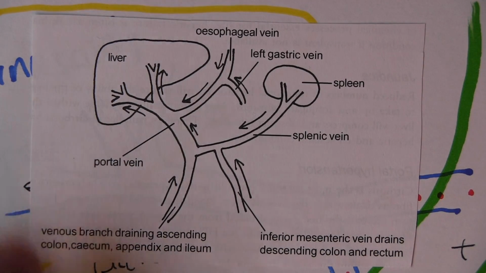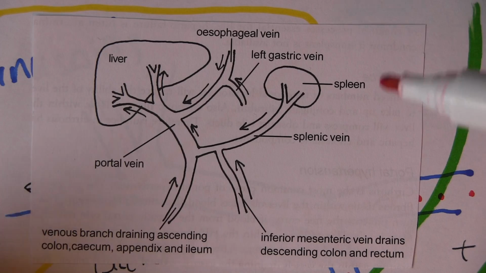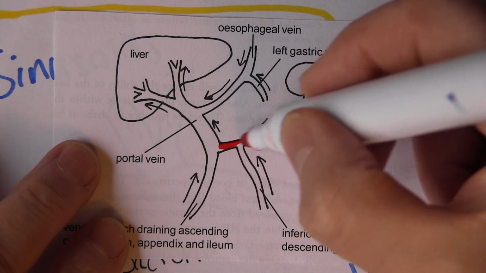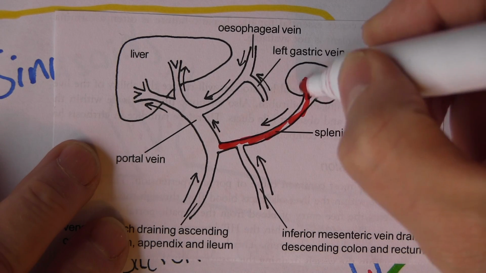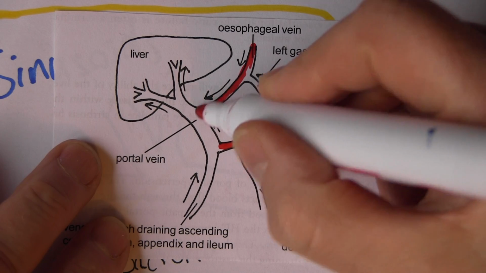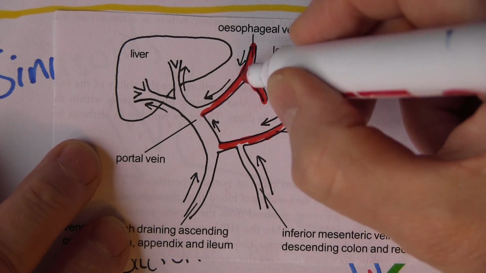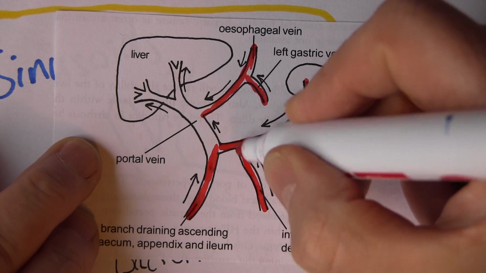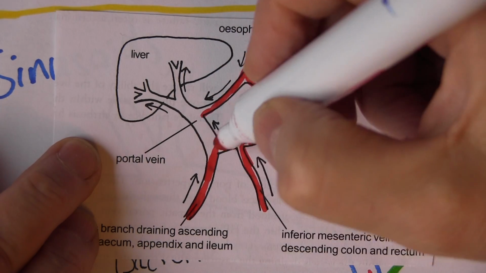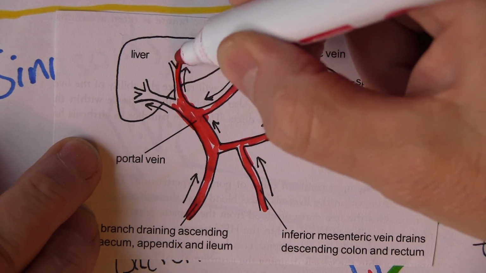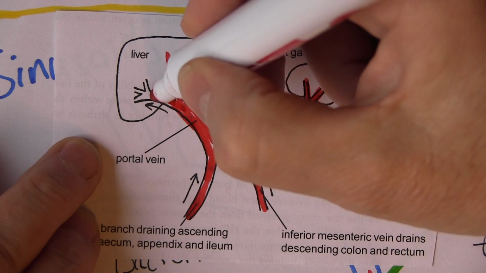So what we have here is we notice that the drainage from the spleen goes into the hepatic portal vein. And from the esophagus, the lower third of the esophagus, from the stomach, from various parts of the intestine, all these are draining into this common hepatic portal vein, taking the blood to the liver.